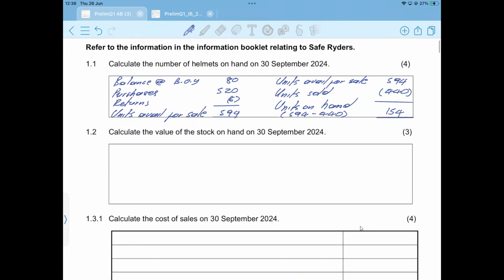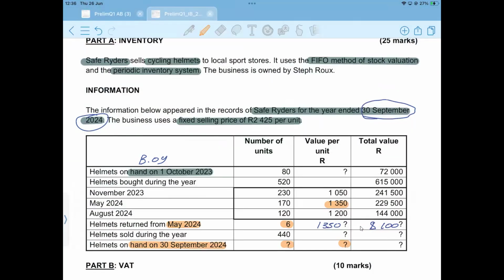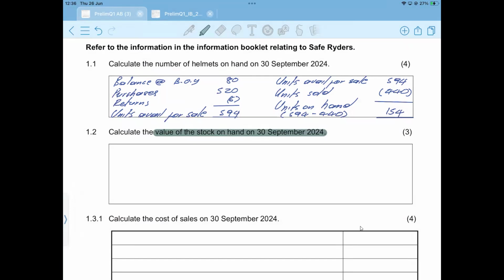Now to calculate the value of those units at the end of the year, it depends on the stock valuation method. And according to the stock valuation method, it's first in, first out. So we're going to use that. To use first in, first out, I prefer to draw a timeline.